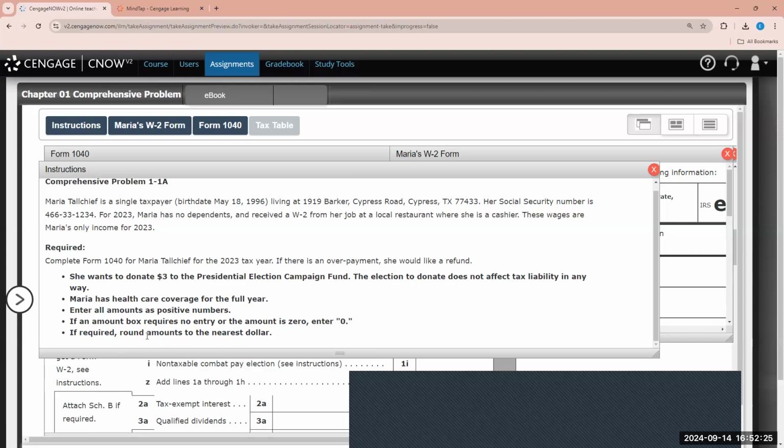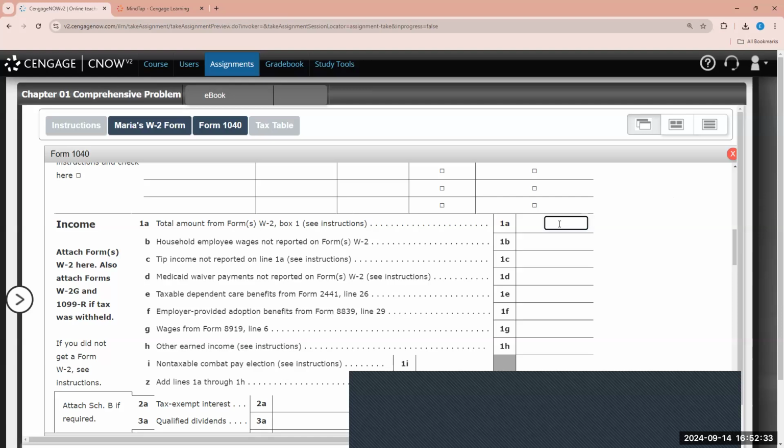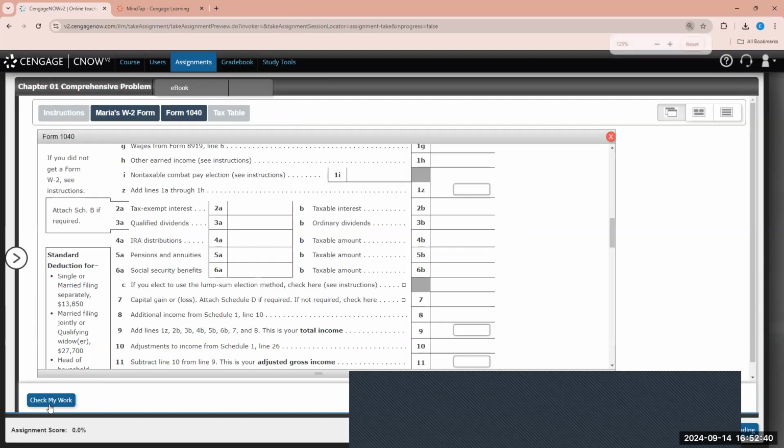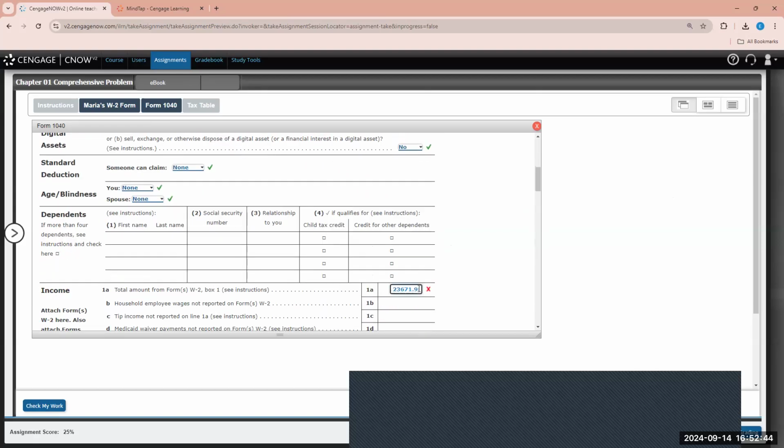And if we go back to the instructions, it says, if required, round amounts to the nearest dollar, right? So we wouldn't input 23,671.98, because if we input it that way, we see it'll mark it incorrect.